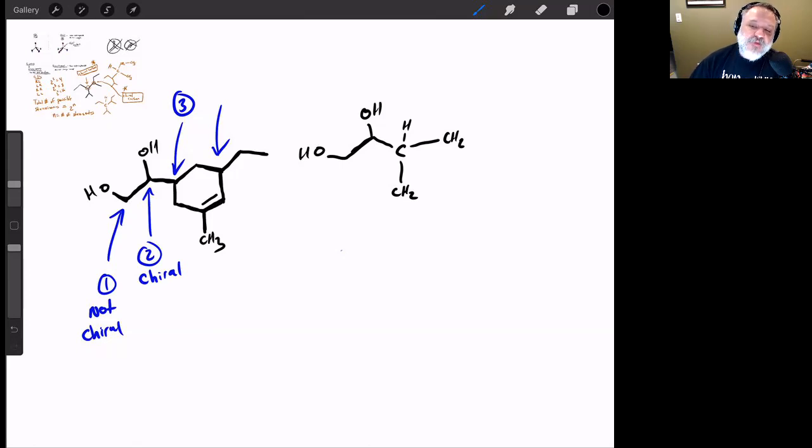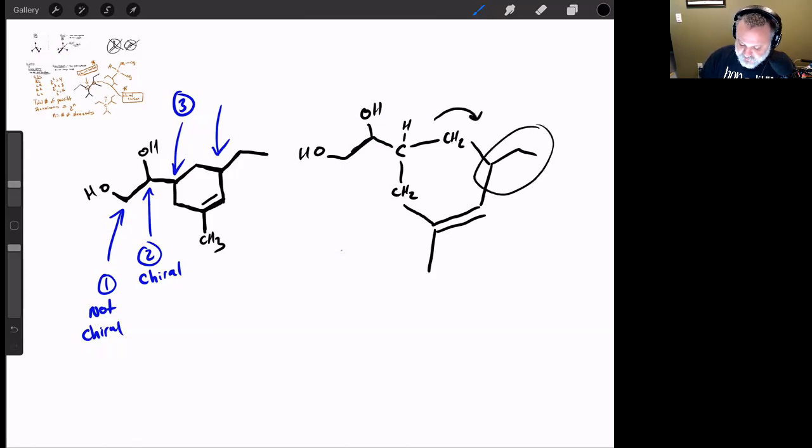In order to be considered the same in a ring, it has to be identical all the way around the ring. So yes, it's a CH2 group there, but we have to continue to look around the ring to see what other things are connected. The CH2 group in the clockwise direction is connected to this stuff, the CH2 group in the counterclockwise direction is connected to that stuff.